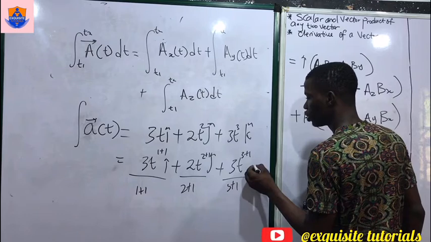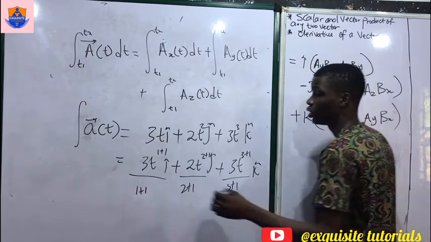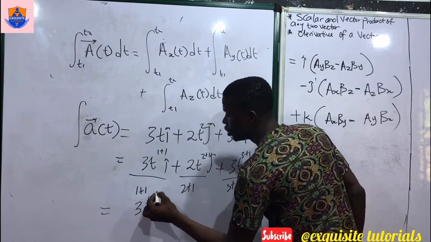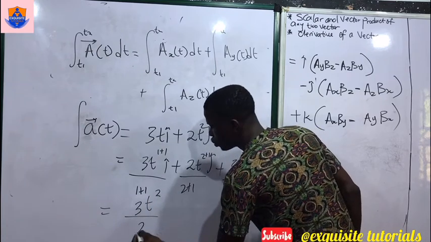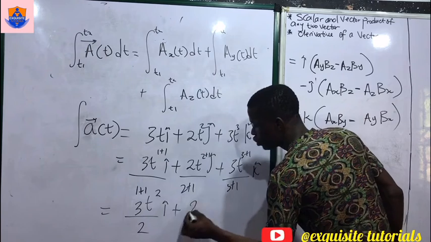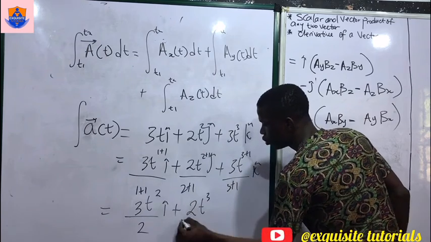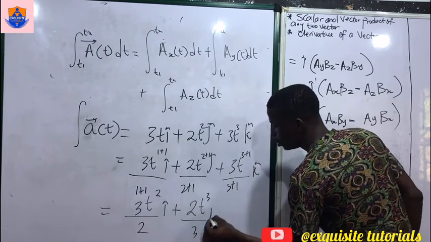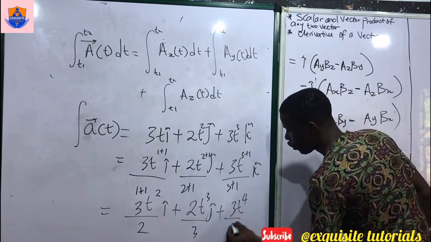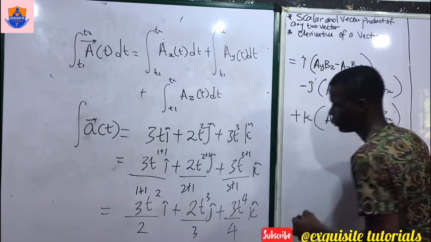So you'll be having 3t squared over 2 i plus 2t cubed over 3 j plus 3t to the power 4 over 4 k.